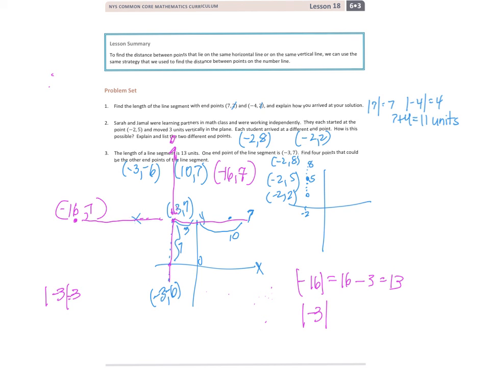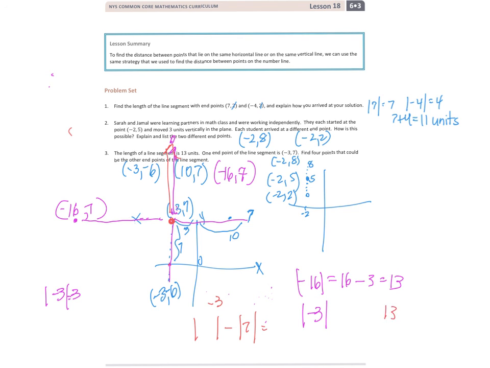Okay, so let's go back to this. This is my original point, negative 3, 7. I'm going to go this way, so it's going to be negative 3, something. The absolute value of something minus the absolute value of 7 has to be 13.